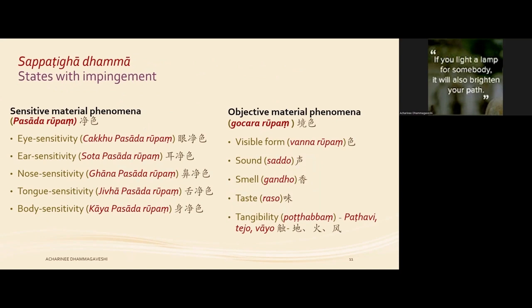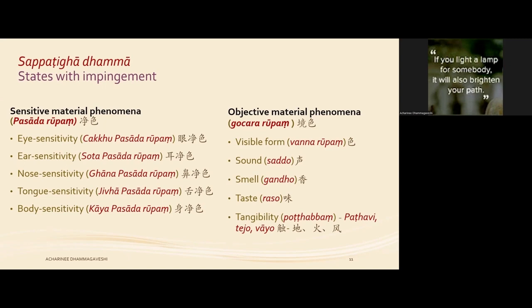Now we go back to the Sappaṭighā dhammā, states with impingement. On the left we have the pasada rūpa, the five sensitive material phenomena, and on the right we have the gochara rūpa, objective material phenomena. Now all of these are states with impingement, Sappaṭighā.